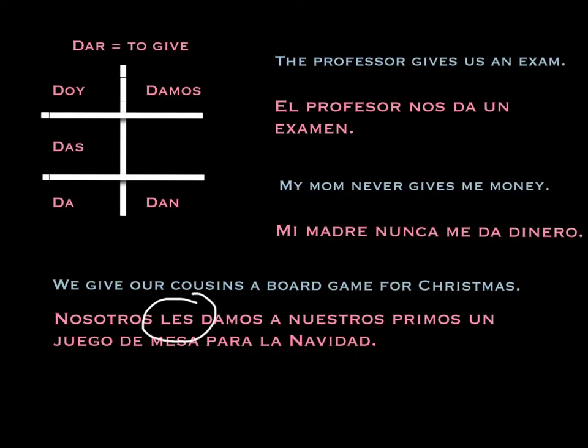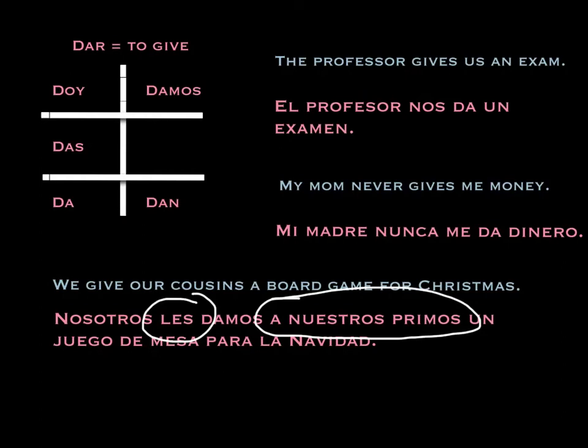Now here's another tiny note that you're going to want to include in your notes here, and it's something that's very important. You may be thinking, well, if we know the les means for them, why do I need this? Why do we need the a nuestros primos? This helps us clarify to whom or for whom the object is being given.